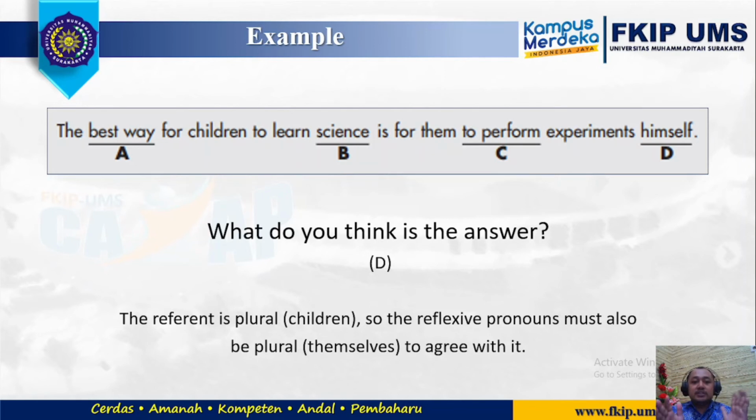The best way for children to learn science is for them. Here it already mentions them, so it should be a plural pronoun. Himself is only one person, a boy or a man. However, because these are children, it means there are many people. So it's not himself, but it should be themselves.